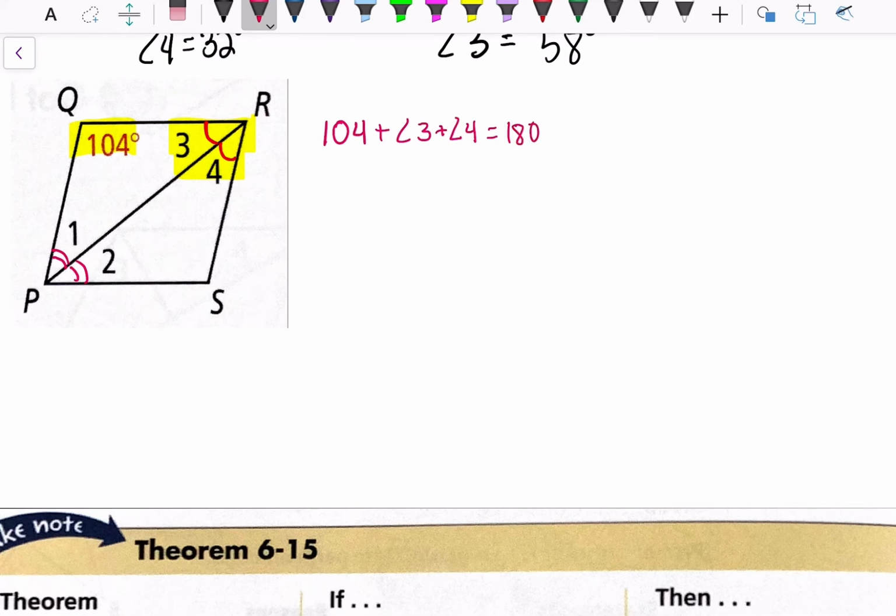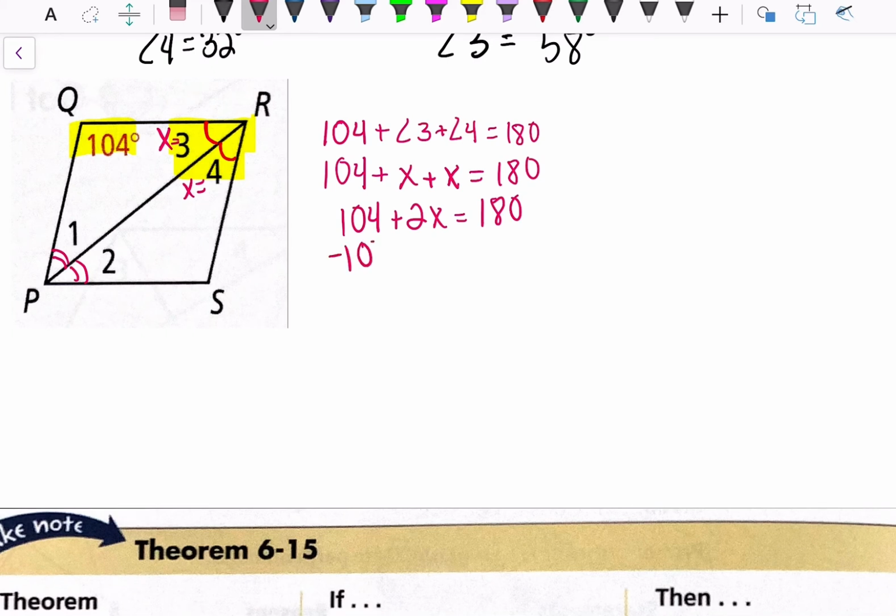Now, we also said that angle 3 and angle 4 were congruent, meaning that they had equal measures. So I'm going to call angle 3 x, and that means angle 4 is also x. So 104 plus 2x equals 180.